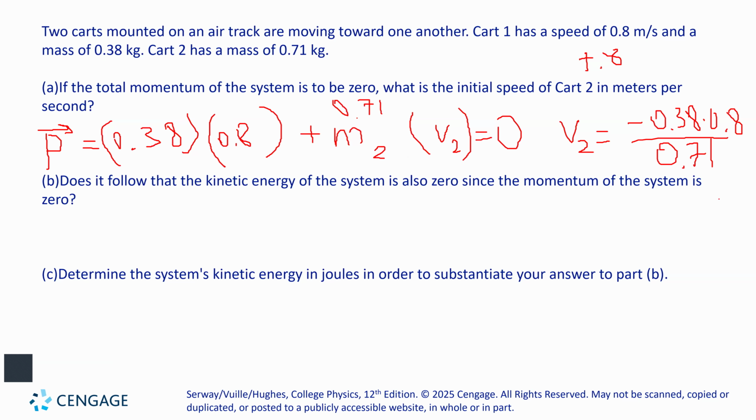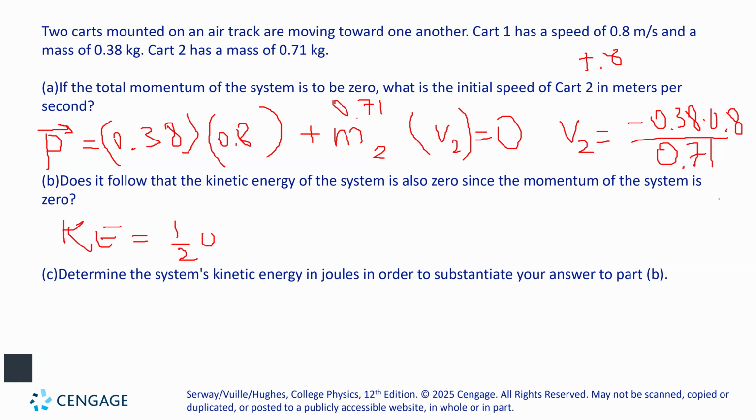Does it follow that the kinetic energy of the system is also 0 since the momentum of the system is 0? The momentum of the system can be 0 because we're dealing with 2 vectors that point in opposite directions, so they cancel each other. However, the total kinetic energy of the system is the sum of the individual kinetic energies of each cart.